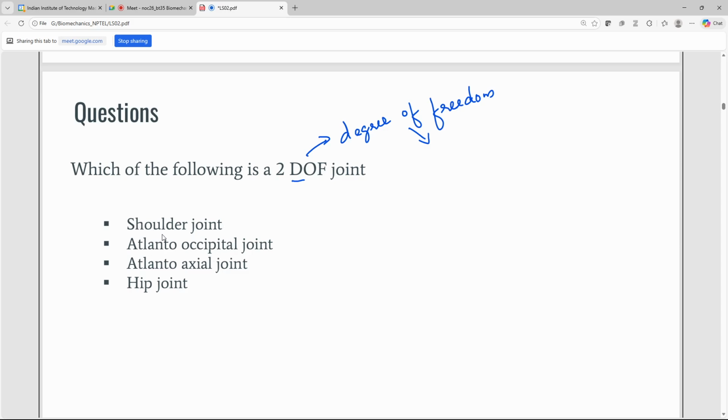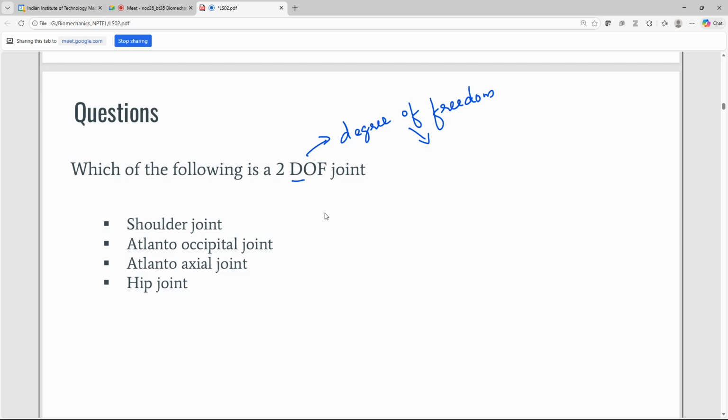The options are: option A, shoulder joint; option B, atlanto-occipital joint; the third option, atlanto-axial joint; and the last option, hip joint. In the last session, we discussed the kinds of synovial joints in our body, six types of joint.